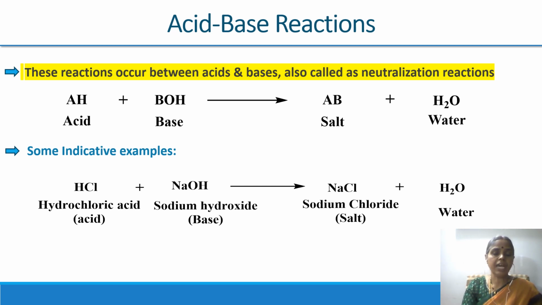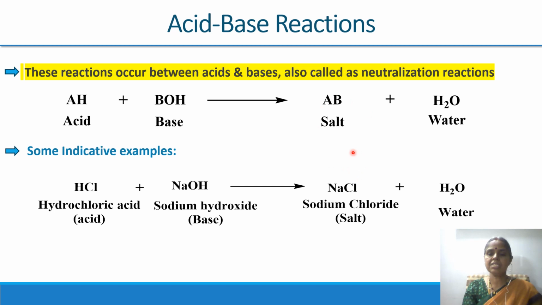We have learnt extensively about acid-base reactions in the previous video, different theories on acid-base reactions. So, we move quickly here. Acid-base reactions occur between acids and bases. They result in the formation of salt and water that we have already seen. AH is the acid contributing the proton, BOH is the base contributing the OH.